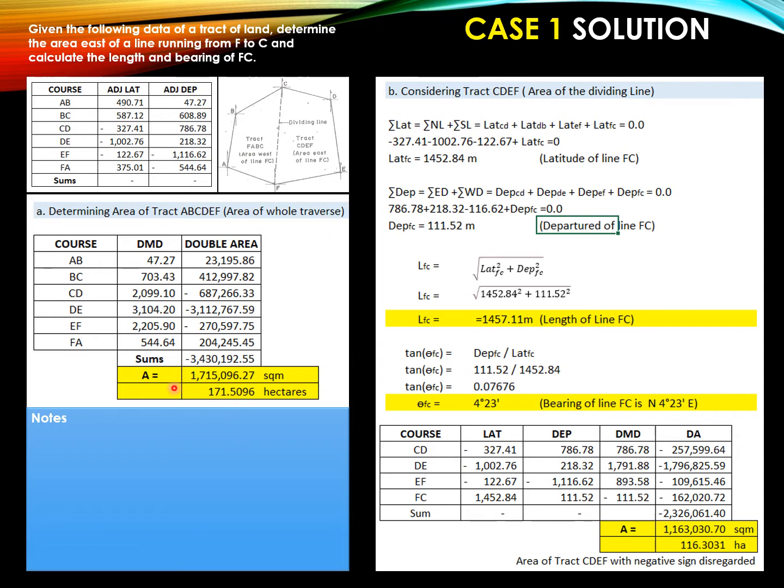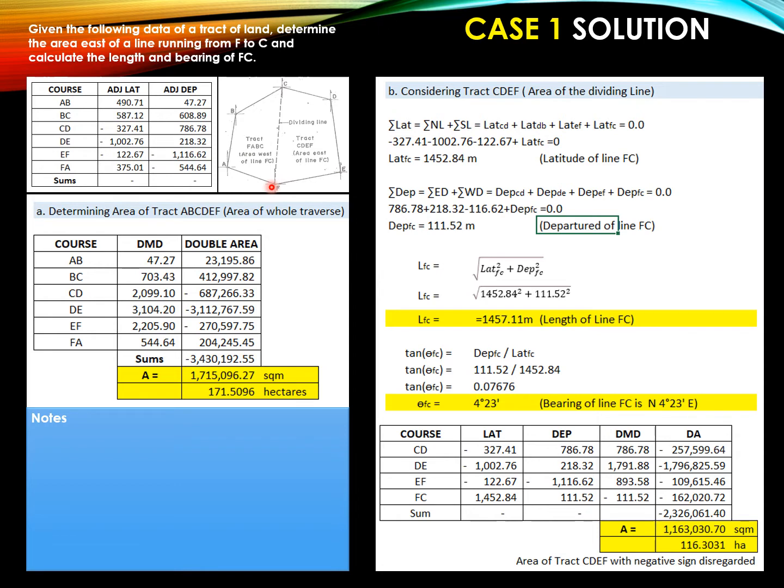So the area here is 1,715,096.27 square meters, or 171.5096 hectares. Coming to this, considering the tract CDEF, here we will compute CDEF.